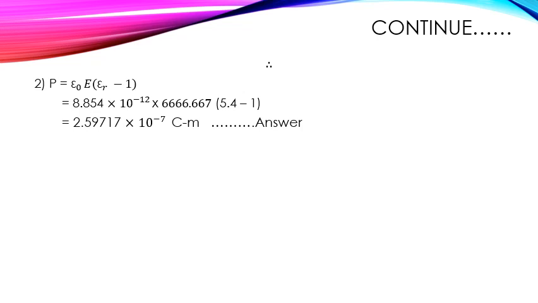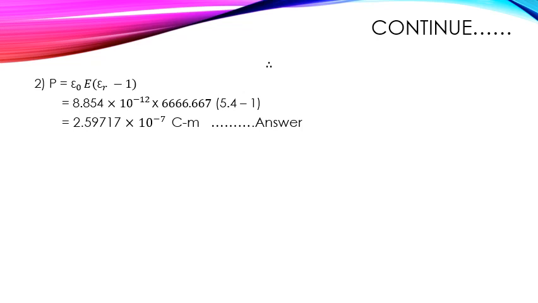So the dipole moment has a magnitude of the product of Q and D and is represented by a vector pointing from the negative charges in the direction of the positive charges. Generally the direction of the dipole moment is parallel to the direction of the applied electric field. That's why the dipole moments are expressed in coulomb meter.